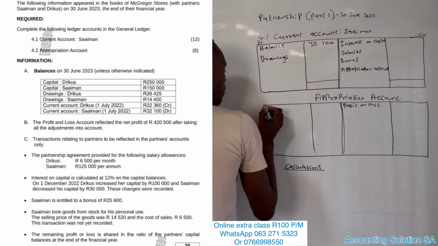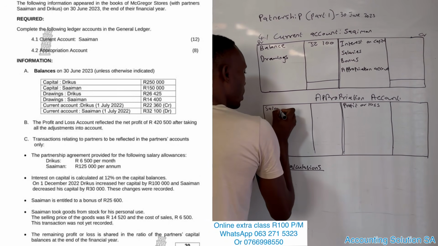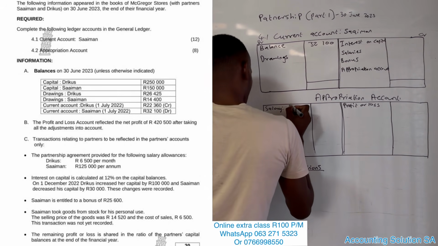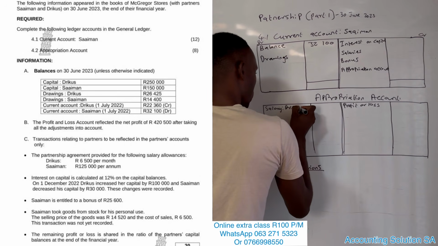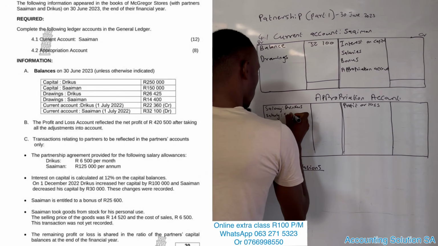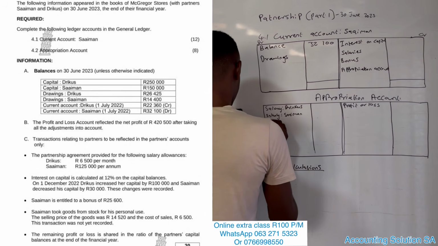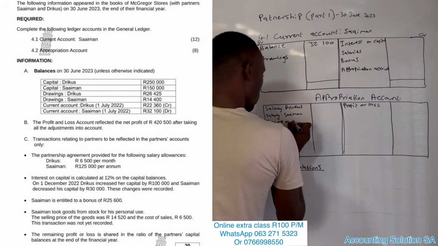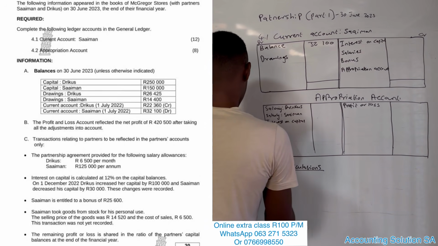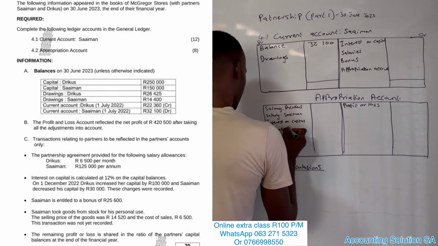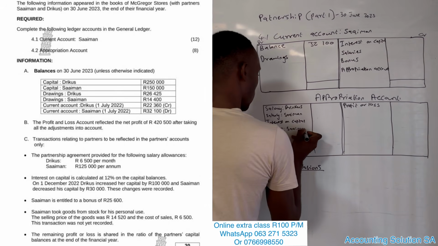On this side, number one, you're going to have a salary for each partner separately. We're going to start with salary for Drinkers, and then salary for Simon, and after that interest on capital, which we add for both. Then if anyone got a bonus, we indicate only Simon here, who has a bonus.